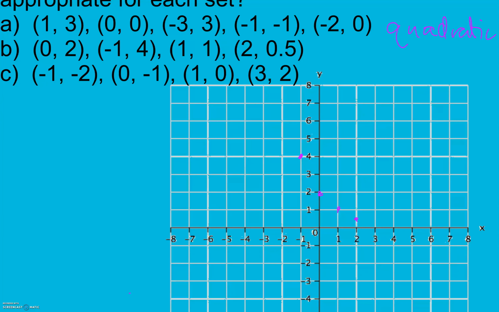But if we look here, our parabola doesn't go up by the same amount every time. And here it does. Here it doubles. It goes from half to 1, from 1 to 2, from 2 to 4. So since it doubles here, we have a common ratio. Remember, that means it's exponential. So this would look something kind of like this. Okay, exponential.